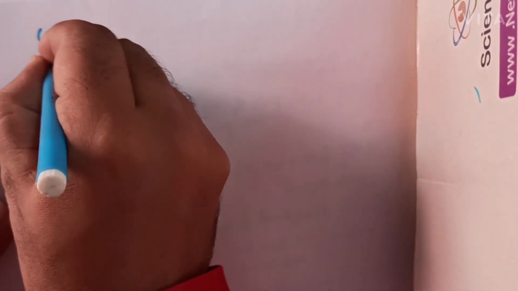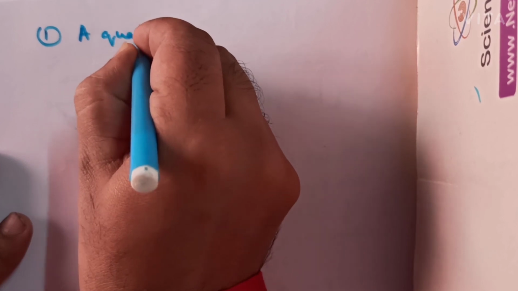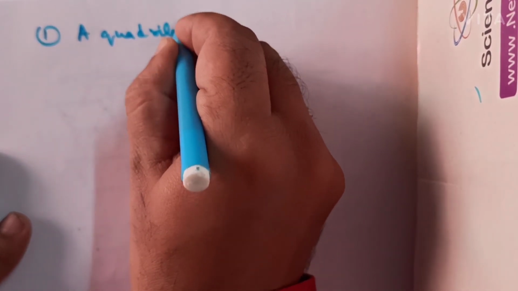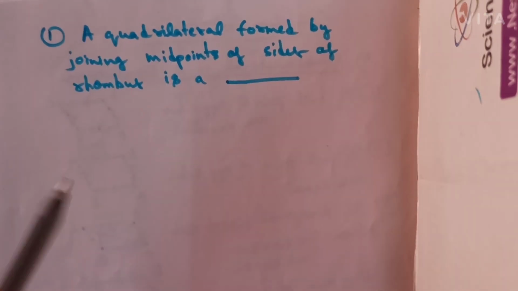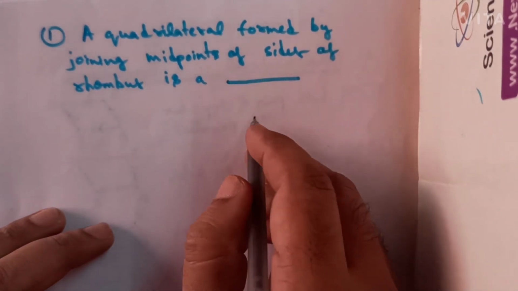That is point number 1, a quadrilateral formed by joining the midpoints of the sides of a rhombus is a dash.